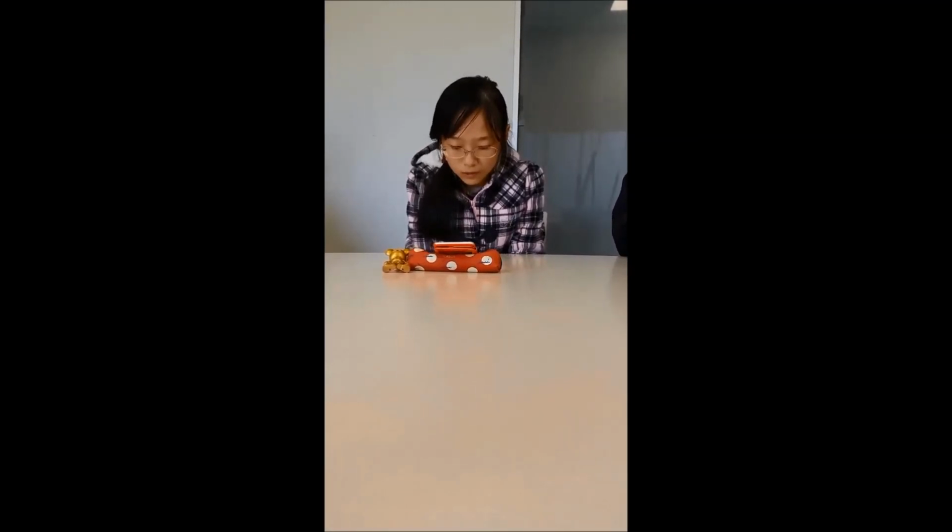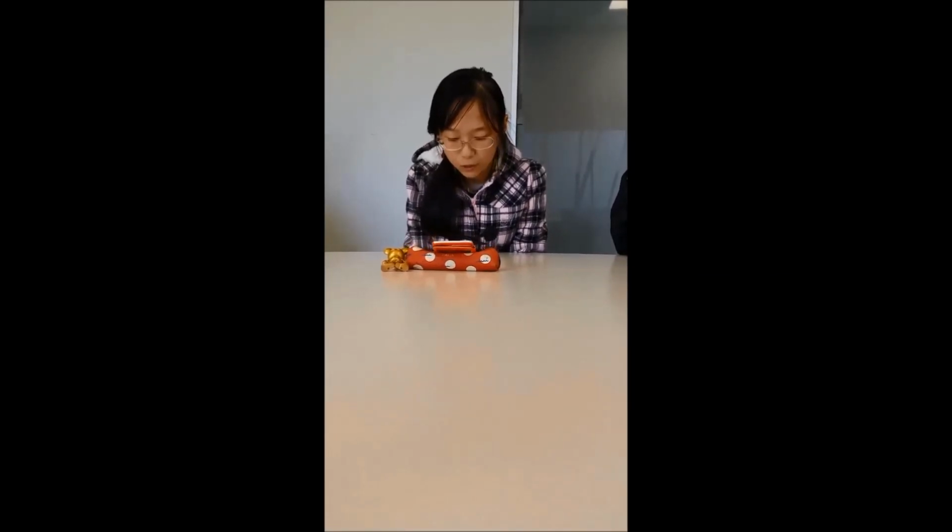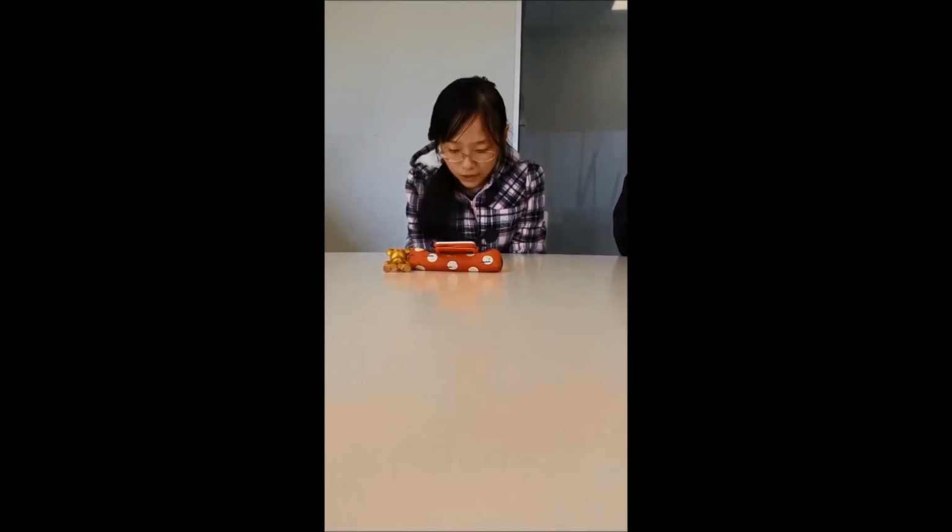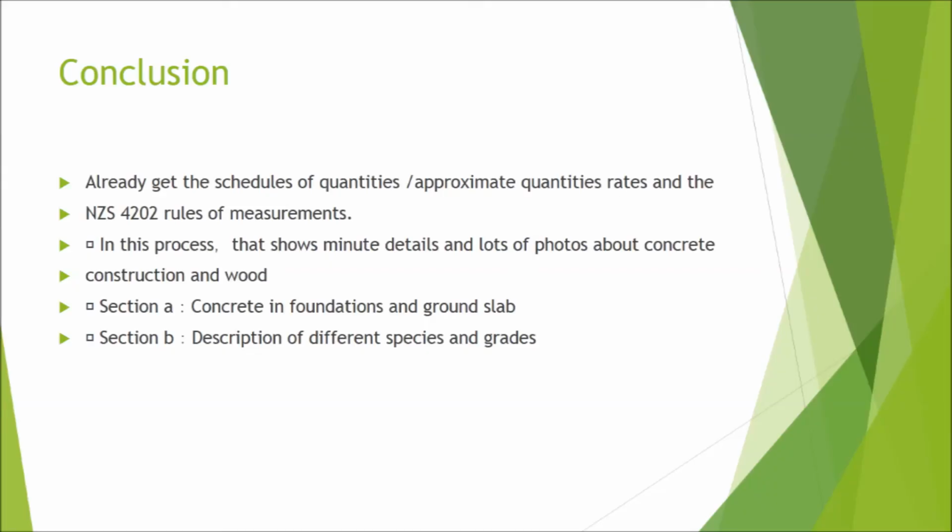To sum up those evidence and documents, we already get the schedules of quantity, rates, and the NZS 4202 rules of measurement. In this process, concrete in foundations and the ground slab, a brief description of the NZS 4202 based approach to measuring some items of concrete work cut, and shows minimal details and lots of photos about concrete, construction and wood.